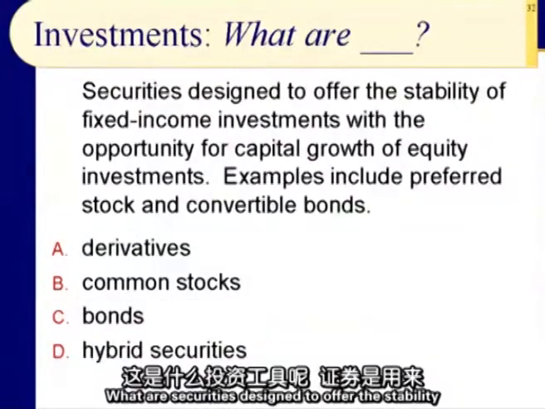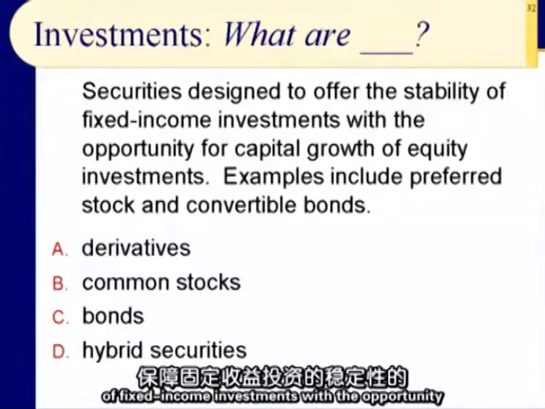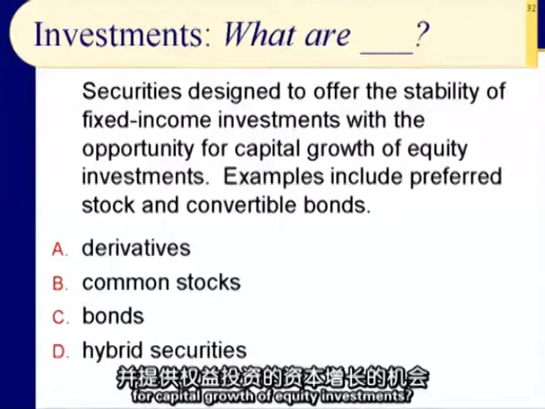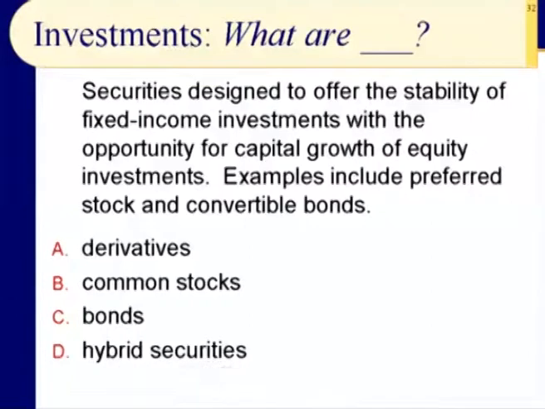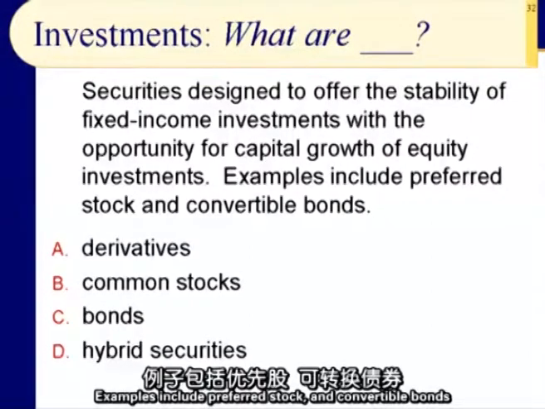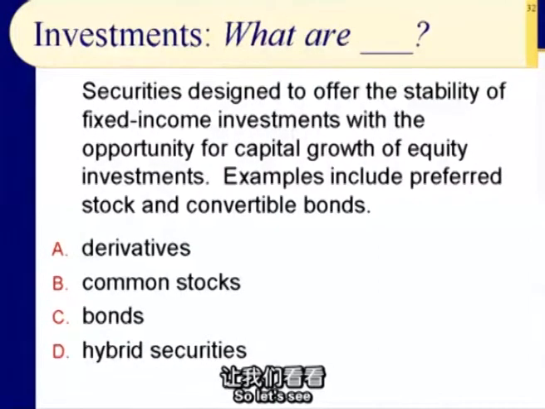What are securities designed to offer the stability of fixed income investments with the opportunity for capital growth of equity investments? Examples include preferred stock and convertible bonds. So let's see. Not derivative, common stock. Right.